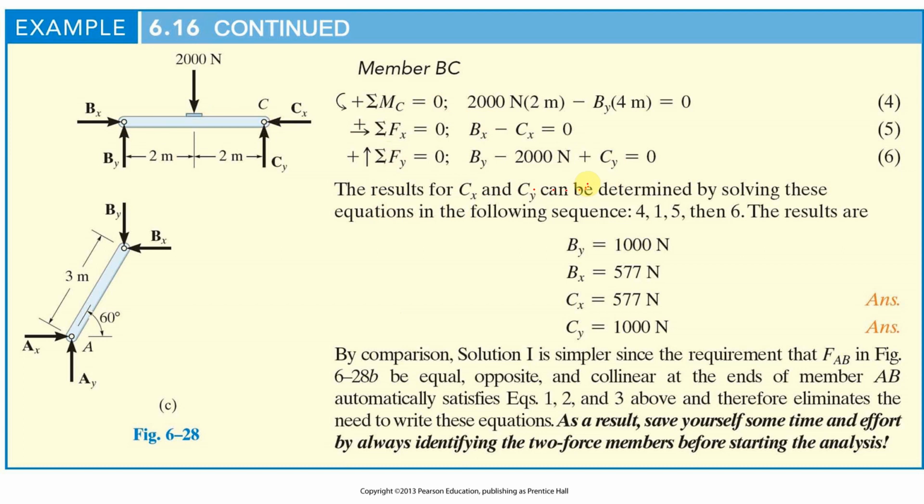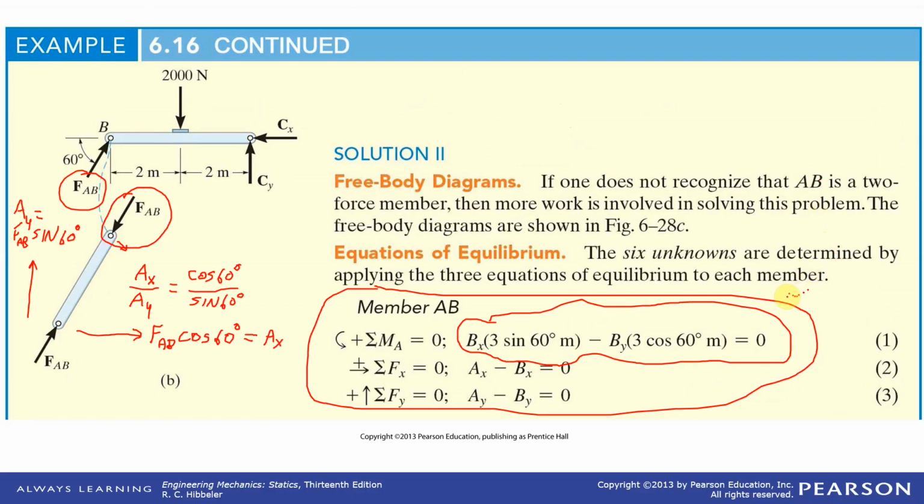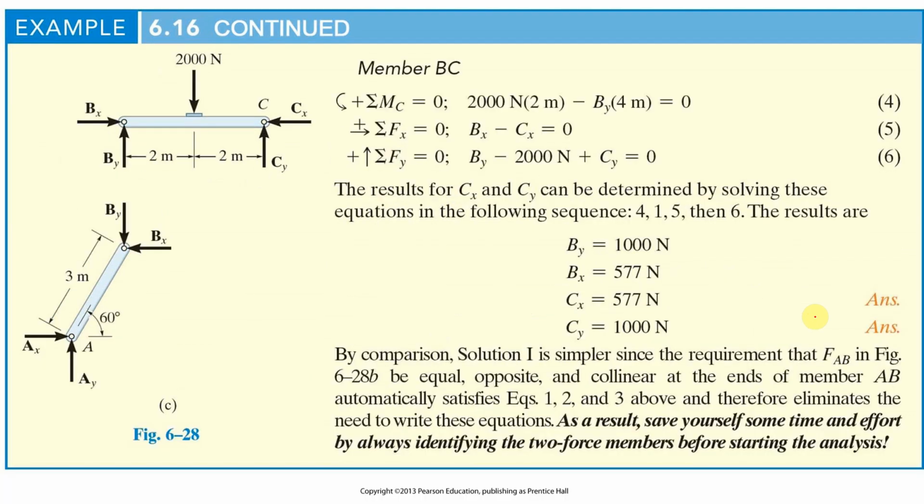BC. And of course they're going to be using this equation, by the way. Okay. And moment about C, 2000 and BY are the only ones that matter. Oops. There we go.